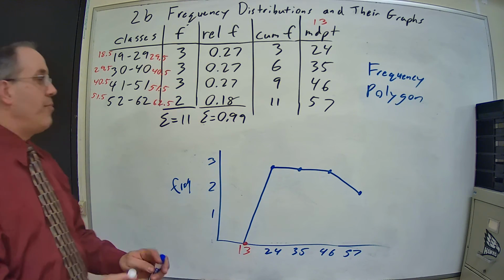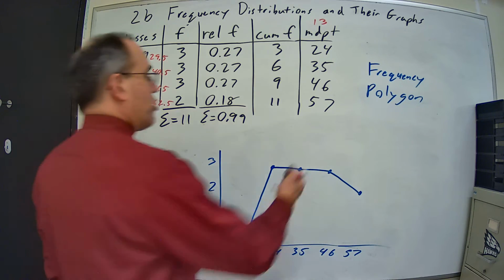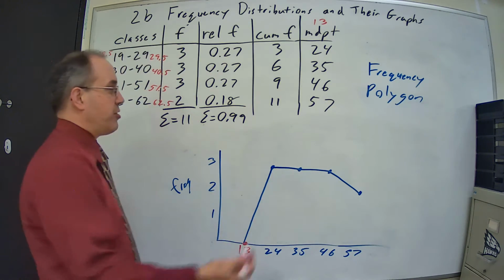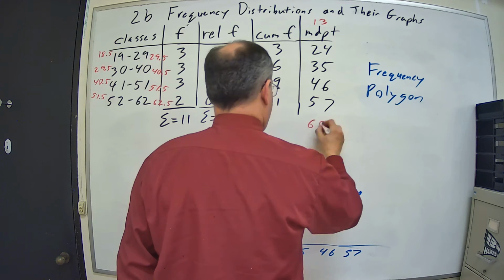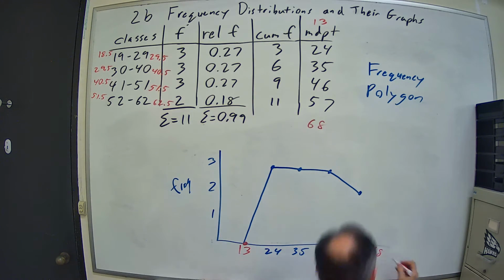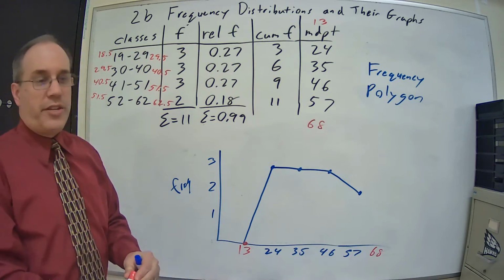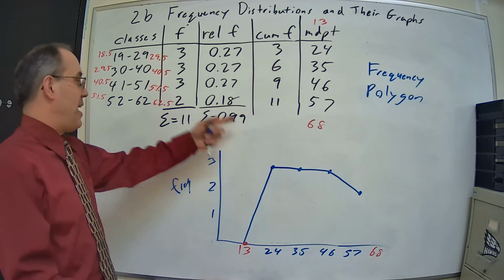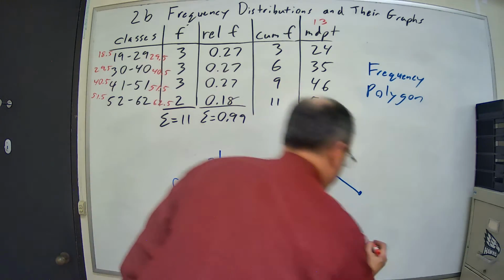Now I can do the same thing on the other end, and I can go one class beyond all the data. So 57 plus 11 is 68. So I go over here and add 68. And if it's beyond all the data, the frequency in that class is also 0.